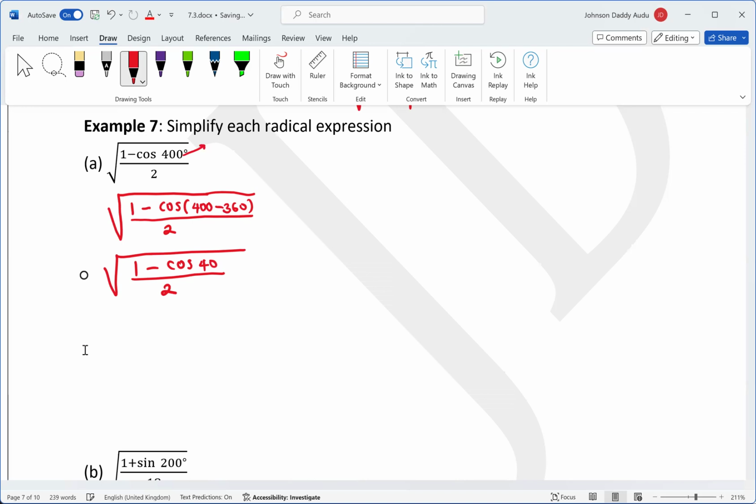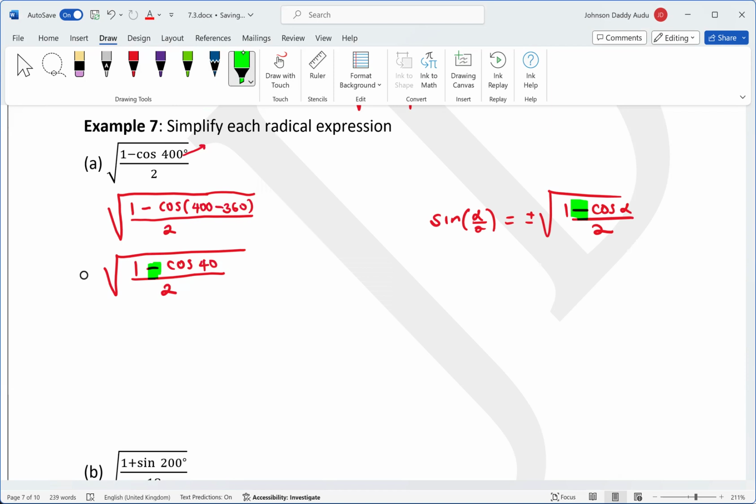Sine, yes. Why is it sine? Because we have here a negative. Since we can see that this is negative, it's going to be sine, because we know that sine of alpha over 2 is plus minus the root of 1 minus cosine alpha over 2. So you see, this minus is what we are talking about here.